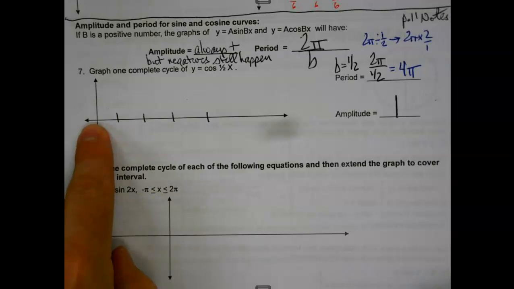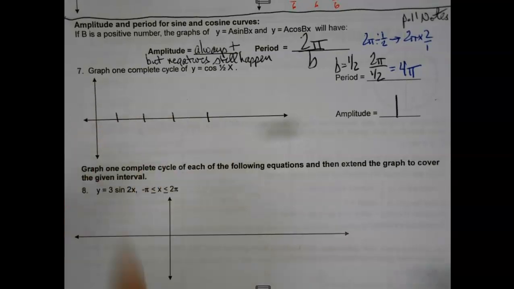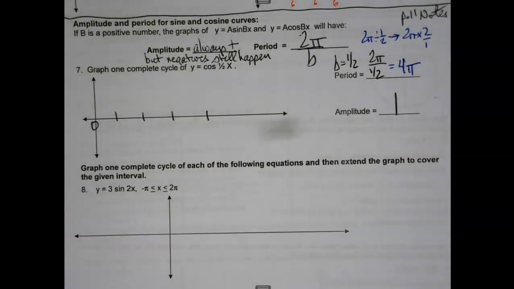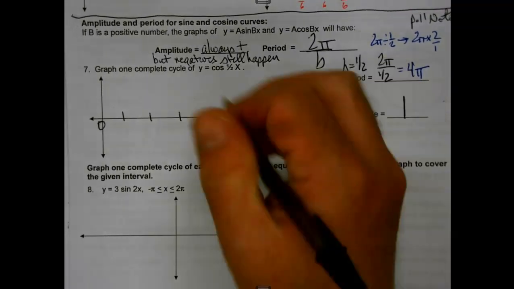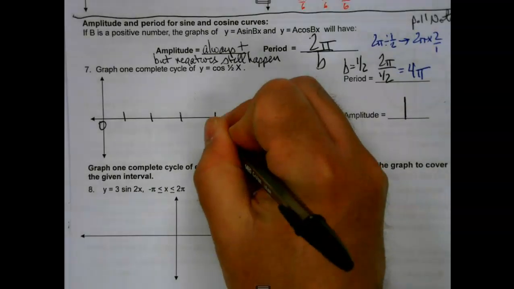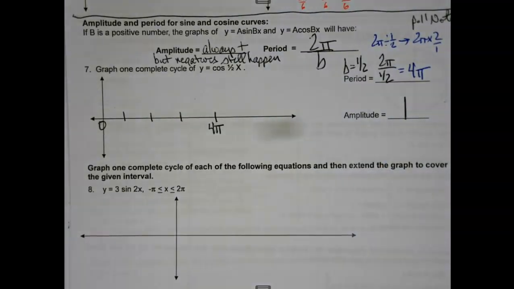So we start at 0, so 1, 2, 3, 4, 5. Start at 0. Whatever your period is, that's where we end. So my job becomes to come up with all the stuff in between.